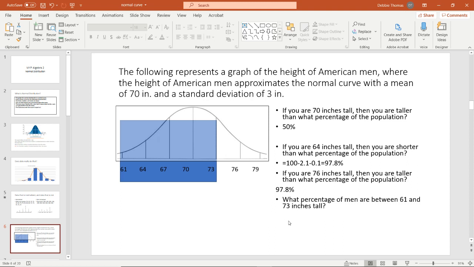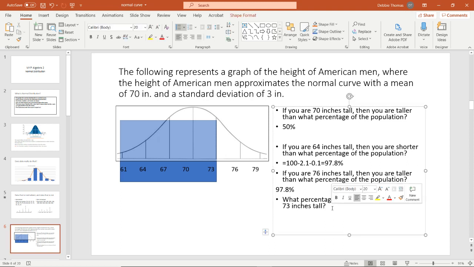To find this percentage, and because I'm in my closet, I don't have everything, this is going to equal 2.1 plus 13.6 plus 34.1 plus 34.1, and whatever that winds up being, somewhere around 80%, give or take. You can add those up. This is what the percent would equal, okay?